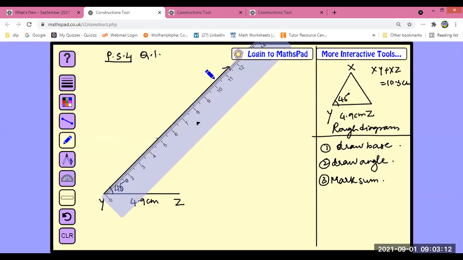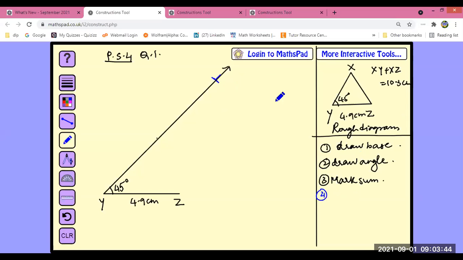Just check, this is 10.3. Okay, the lower end for me is 10.3. All right, so this end, this is 10.3. So using the compass, you have to draw an arc of 10.3. All right.